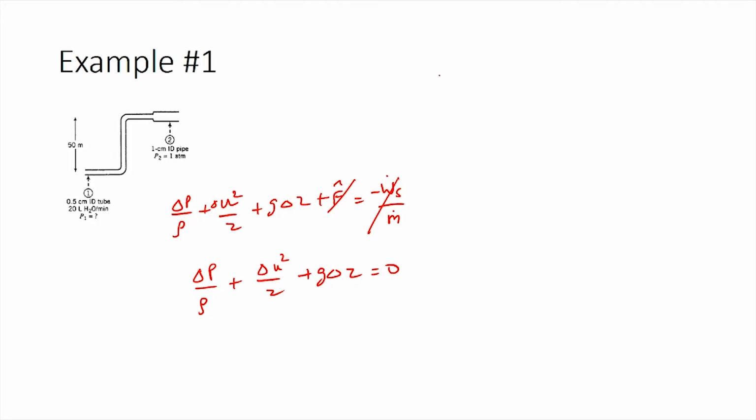Linear velocity at point 1, U1, would be equal to 20 liters per minute. If you want to convert liters to meter cube, 1 meter cube contains 1000 liters. We also have to convert minutes to seconds, where 1 minute contains 60 seconds.